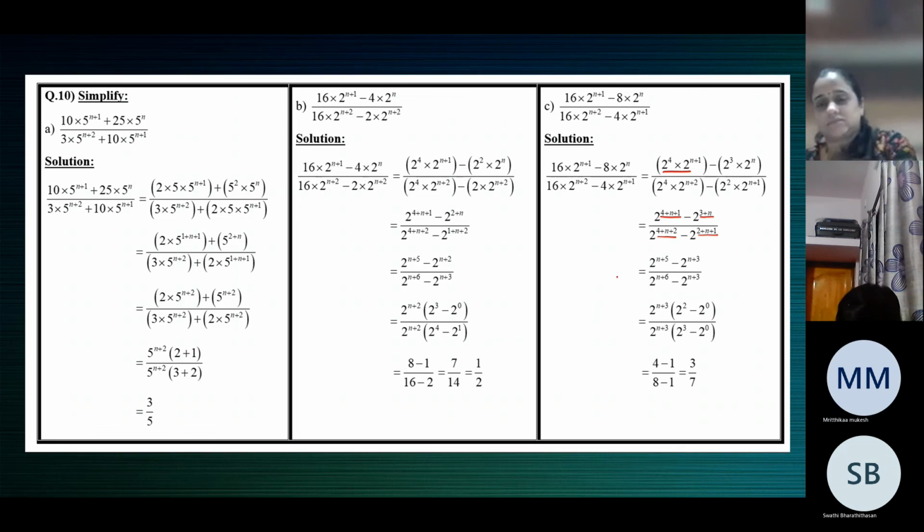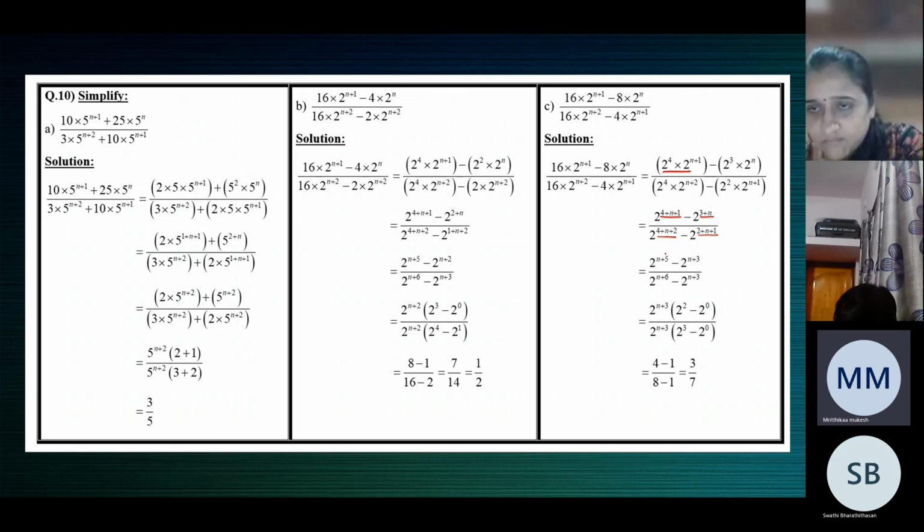And the next step is, when you put 4 plus n plus 1 is n plus 5.